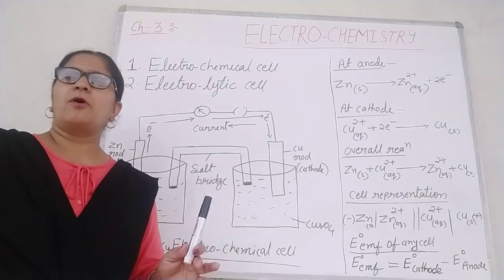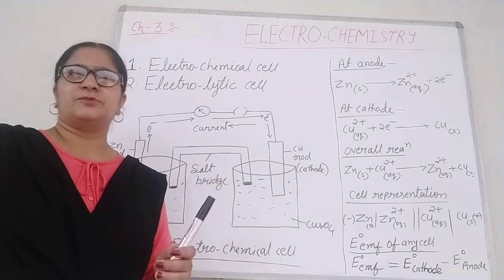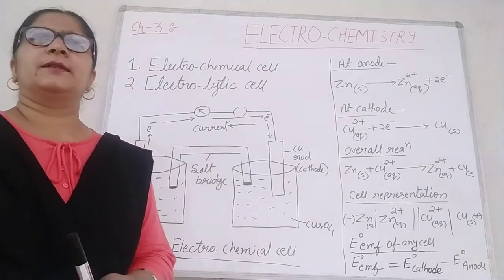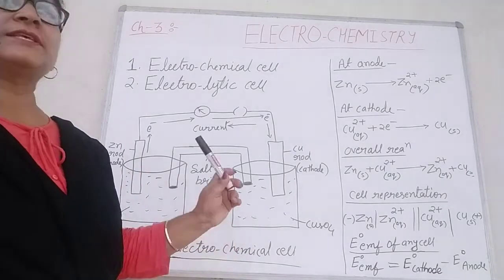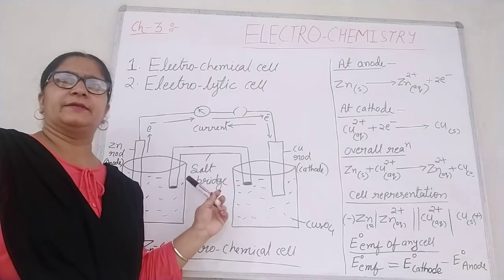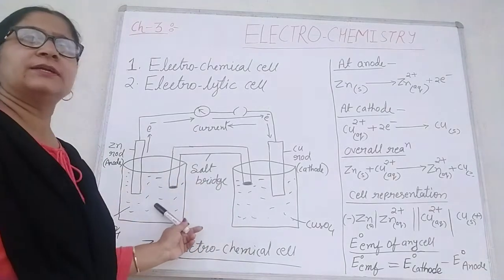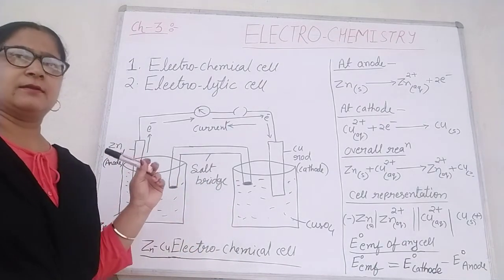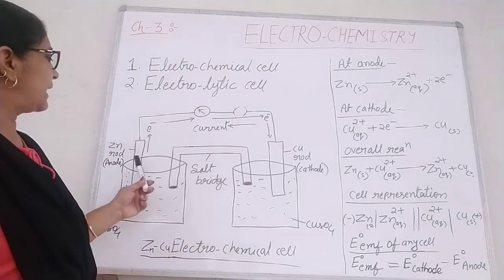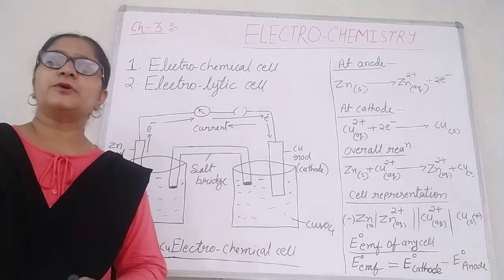So these all will be our observations. So we will see here as the electrochemical cell is set up, in the left hand side, that is oxidation half cell, we will take zinc as it has more tendency to oxidize.